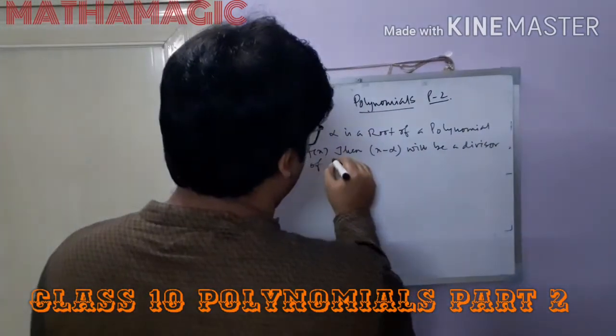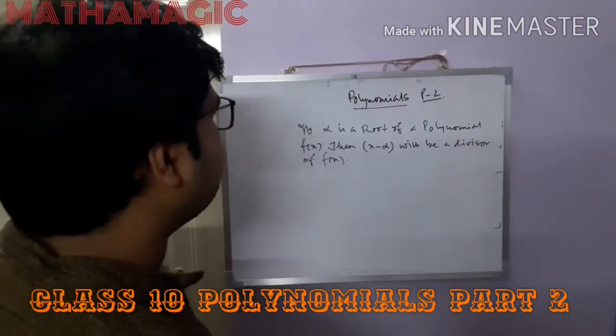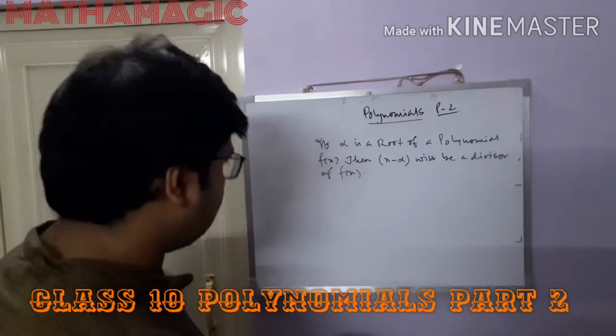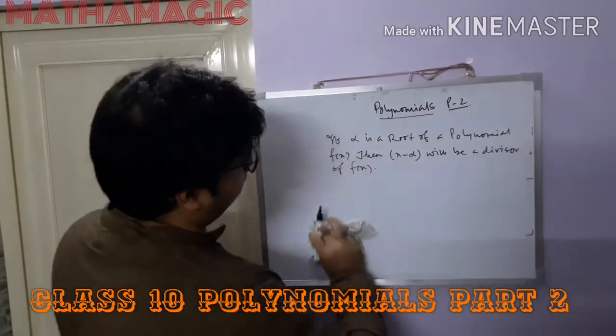If alpha is a root of a polynomial f of x, then x minus alpha will be a divisor of f of x. Please note it down. It will also be helpful for the purpose of solving the problems.